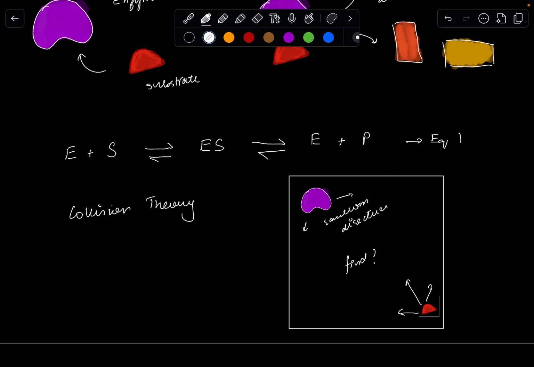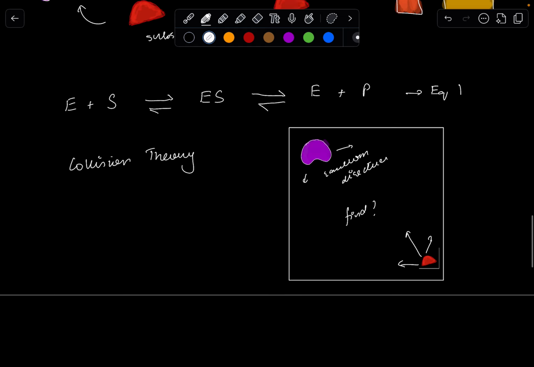The probability for this isn't as high, correct? That makes sense, right? If you have one enzyme and one substrate, finding each other becomes difficult. So the probability of this E plus S happening is low.